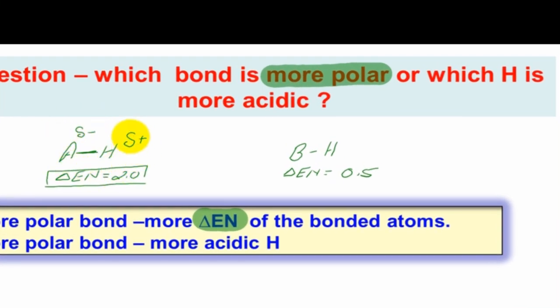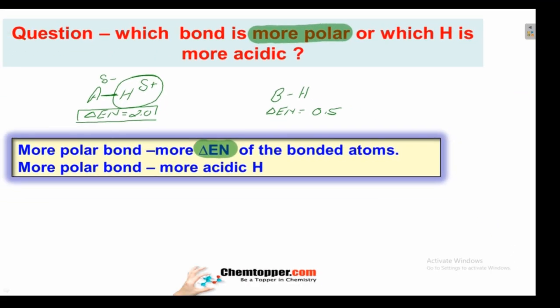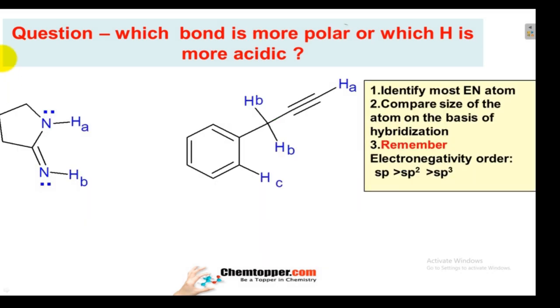So this is going to be the more polar bond, and this hydrogen is going to be more acidic in nature, the one which is bonded to the more electronegative atom. So that's the criteria or the basis of identifying the more polar bond and more acidic hydrogen.